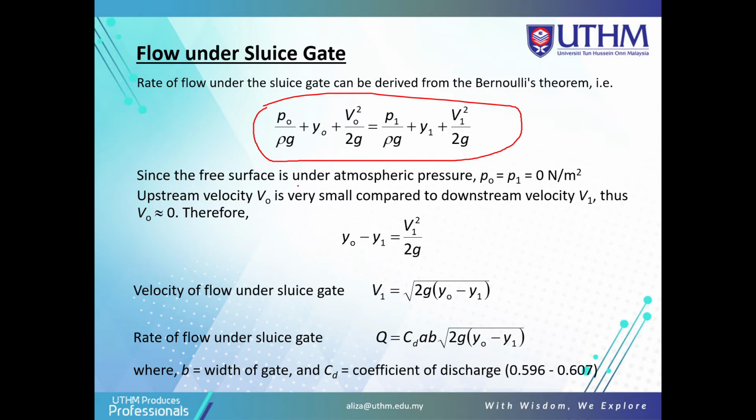Since the free surface is under atmospheric pressure, P1 is equal to 0. Upstream velocity V0 is very small compared to downstream velocity, thus V0 is equal to 0.